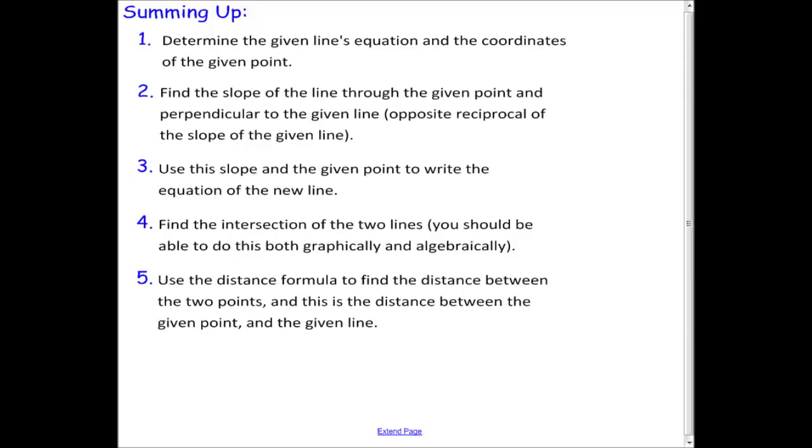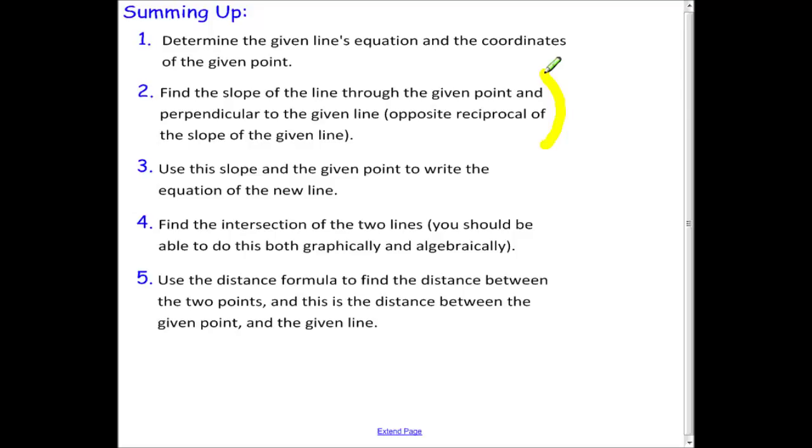Once we have that information, we can move on and determine the slope of the line. Remember, we found the slope of the line through the given point that was perpendicular to the given line. That we use that concept that the two slopes are opposite reciprocals of each other.